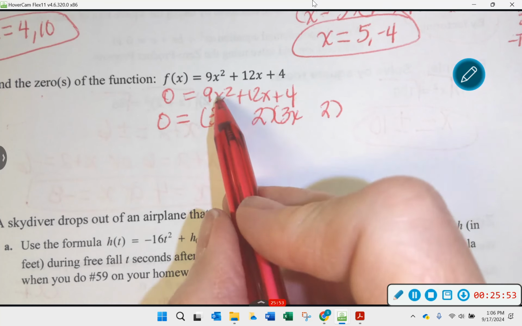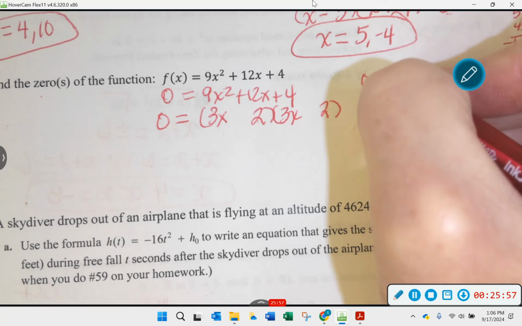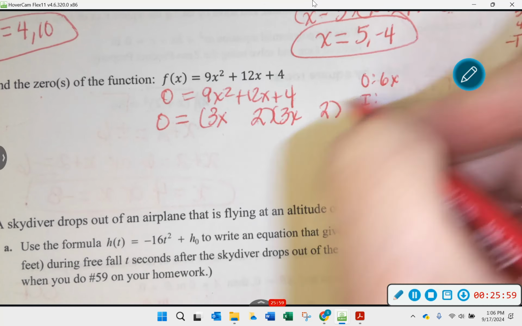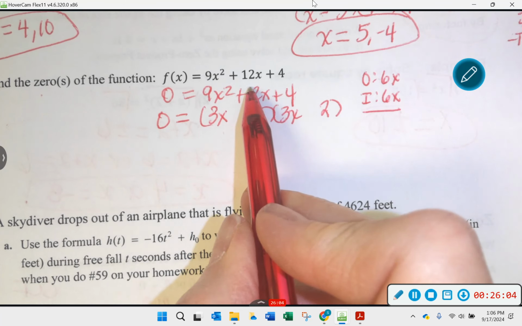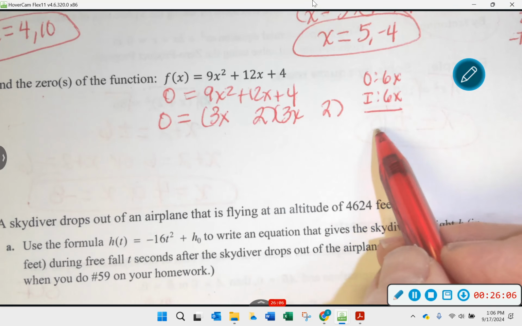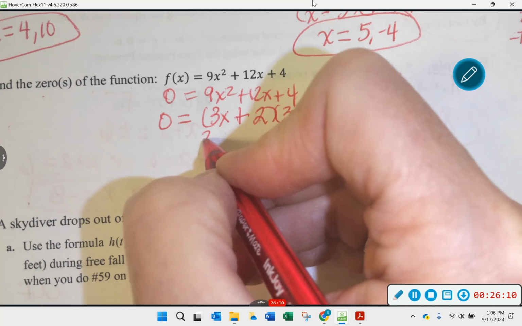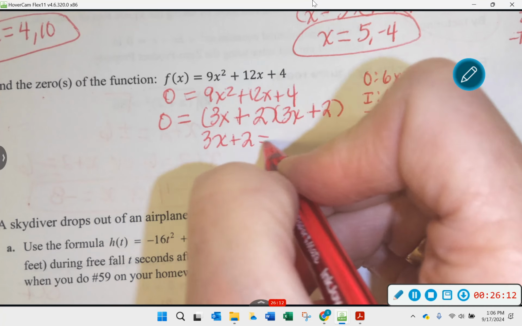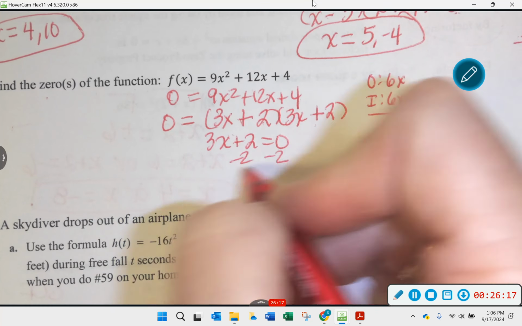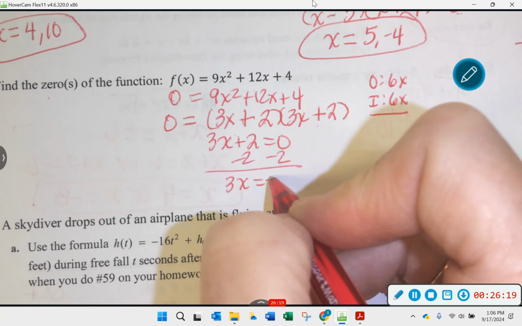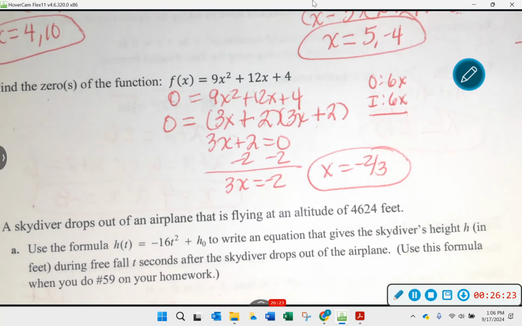I do get 9x squared and I do get 4, but I have to check those outers, 6x, and inners, 6x. What I want to get is a 12x. So what do I want the signs to be to make it happen? Positive, positive. And so now I have to say 3x plus 2 equals 0. I don't have to do it twice. Subtract 2, subtract 2. 3x is negative 2, and x is negative 2/3.